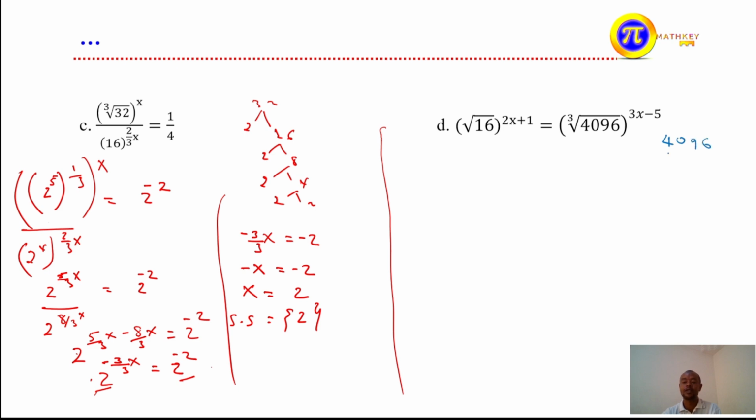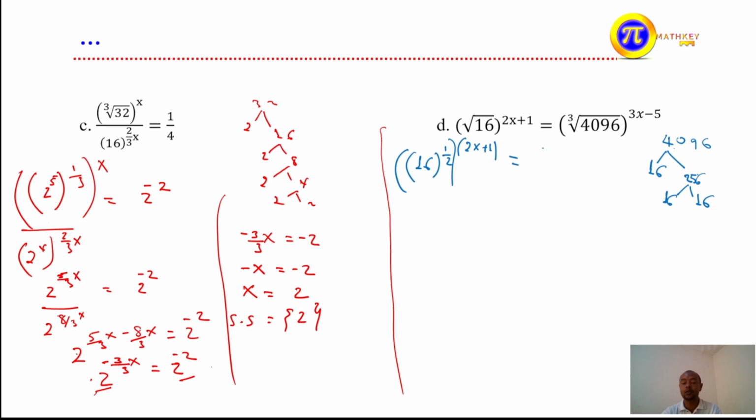4096 means, if you divide by 16, for instance, 4096 divided by 16 is 256, which is again 16 times 16, so it is 16 to the power of 3. The left side is 16 to the power of 2x plus 1.